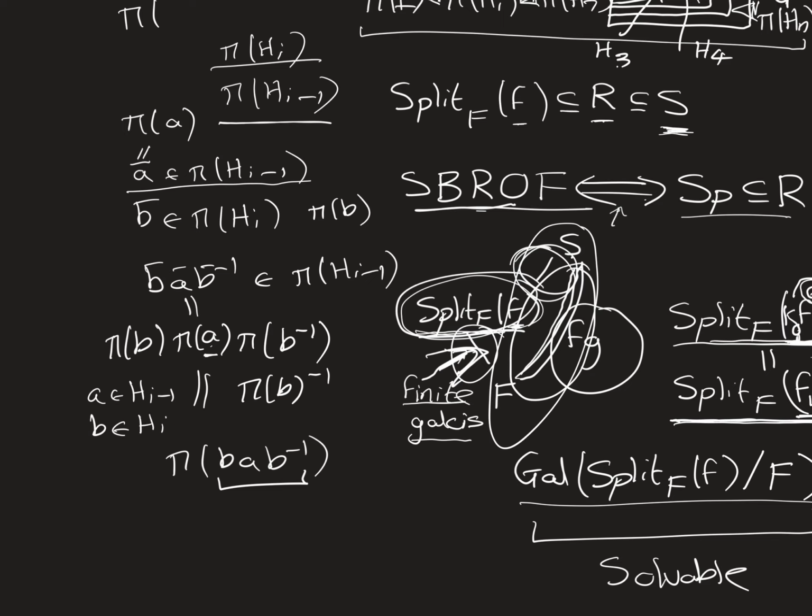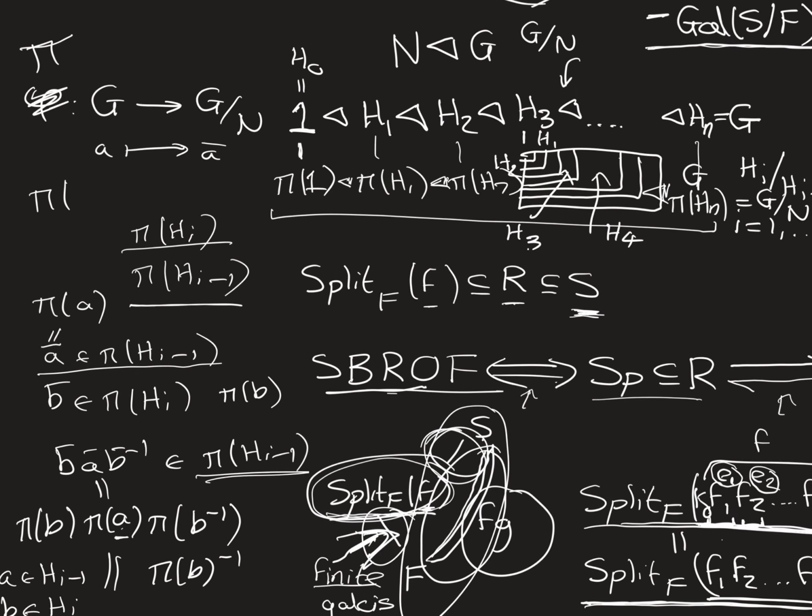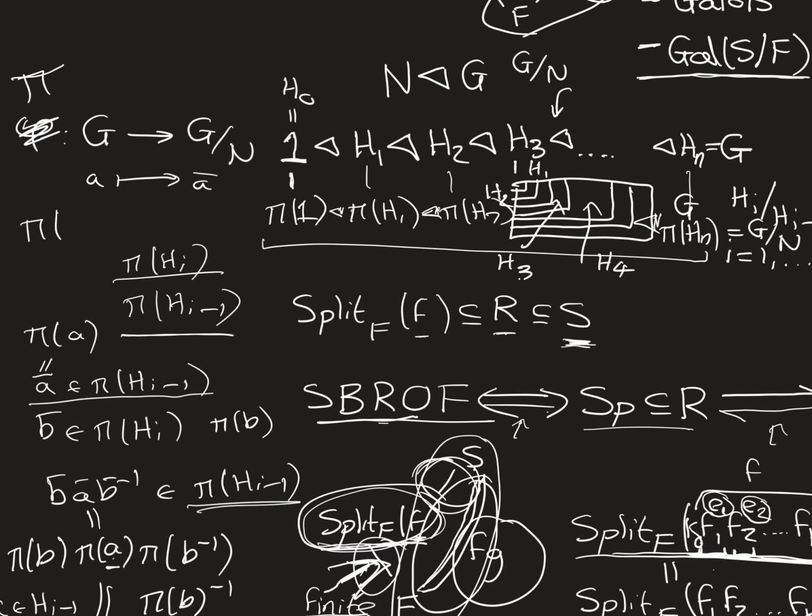So what we've got here is we're conjugating some element of Hi minus 1 by some element of the larger Hi, and therefore, because Hi minus 1 is normal in Hi, this is going to be an element of Hi minus 1. So pi of BAB inverse is therefore going to be inside pi of Hi minus 1, which if you look up here is exactly what we wanted to show. So that's how you show that each of these subgroups here is normal inside the next one.